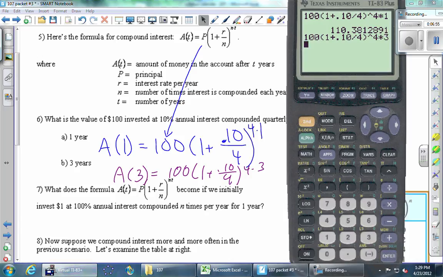Now before I hit enter, suppose it was just 10%, forget the compounded quarterly. 10% in 1 year gives you how much interest? $10. In the second year, I'll probably get a little more than 10, like $11, but basically $10 a year for 3 years. So I'm expecting a number about $30 more, maybe 34.